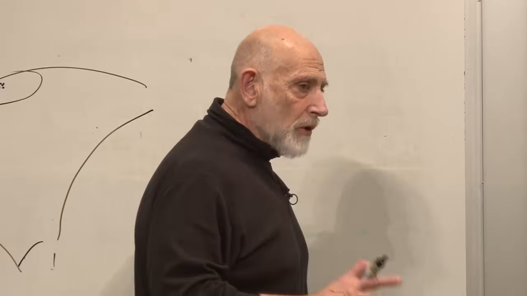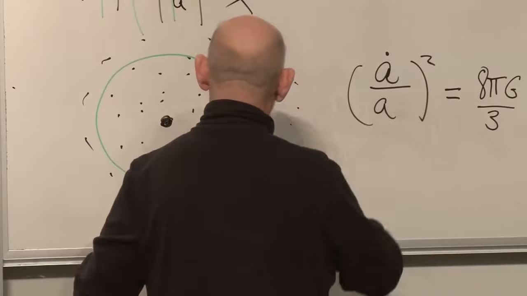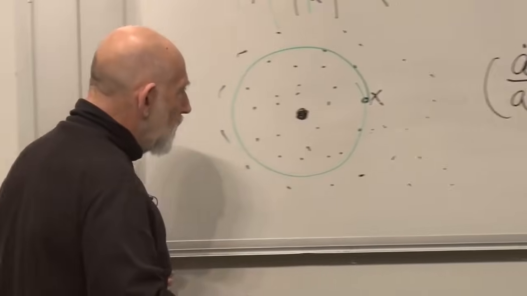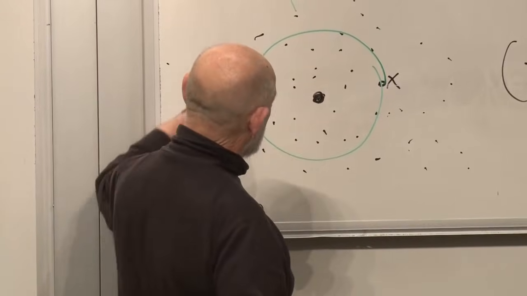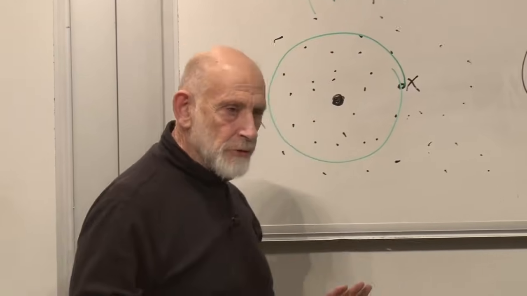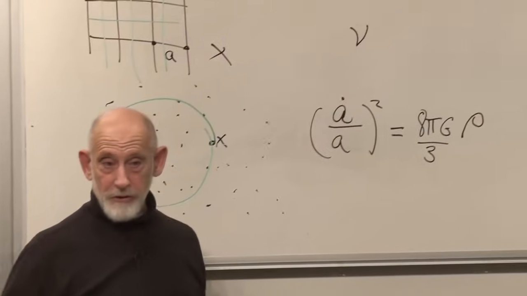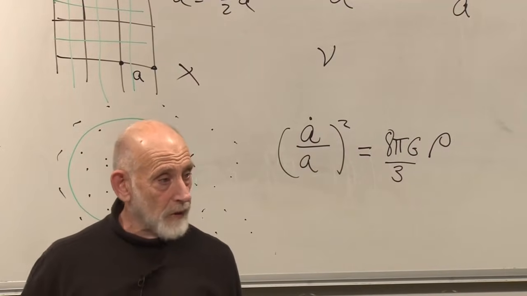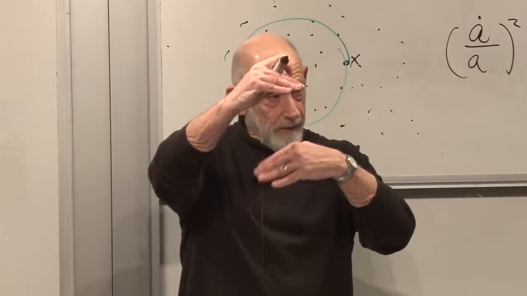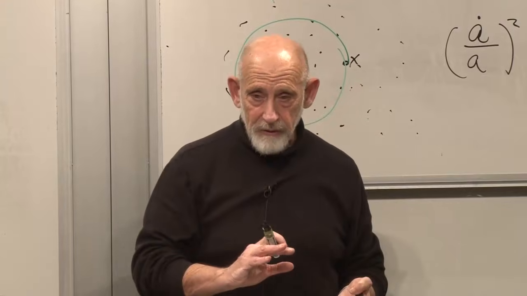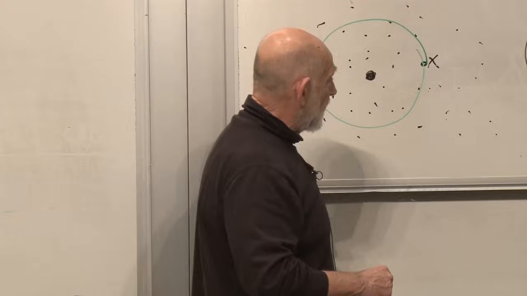We added one more thing to it, and the one more thing is we said that rho, which is the amount of mass per unit volume, is related to nu. Is it the same as nu? No, because nu is the amount of mass per grid box. But the grid box, you don't know what its volume is.